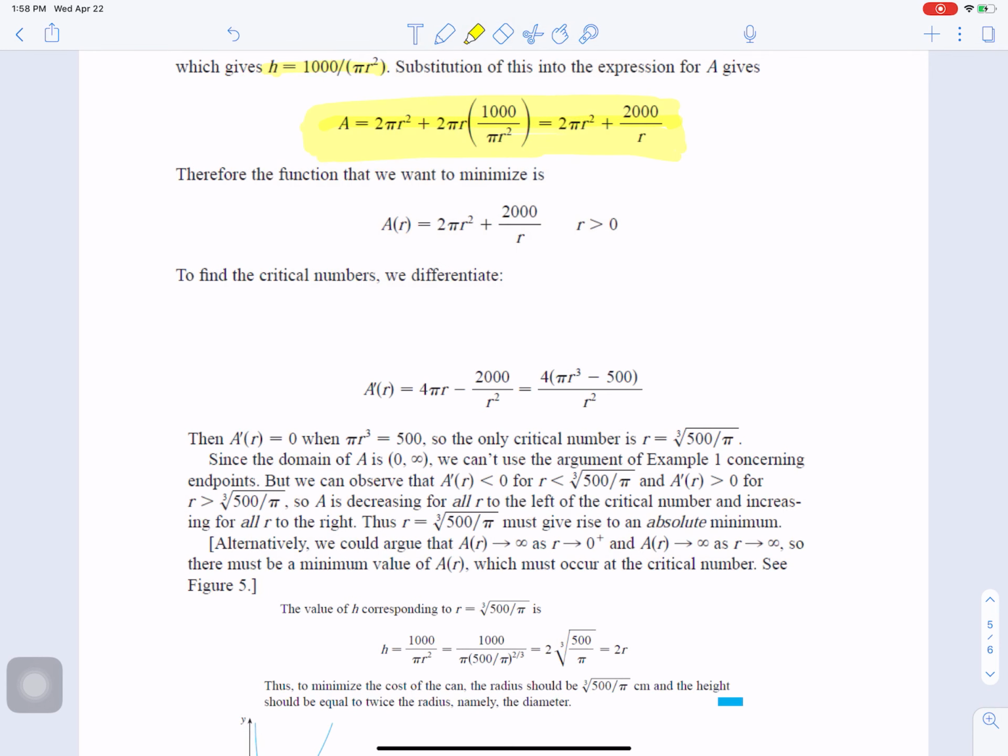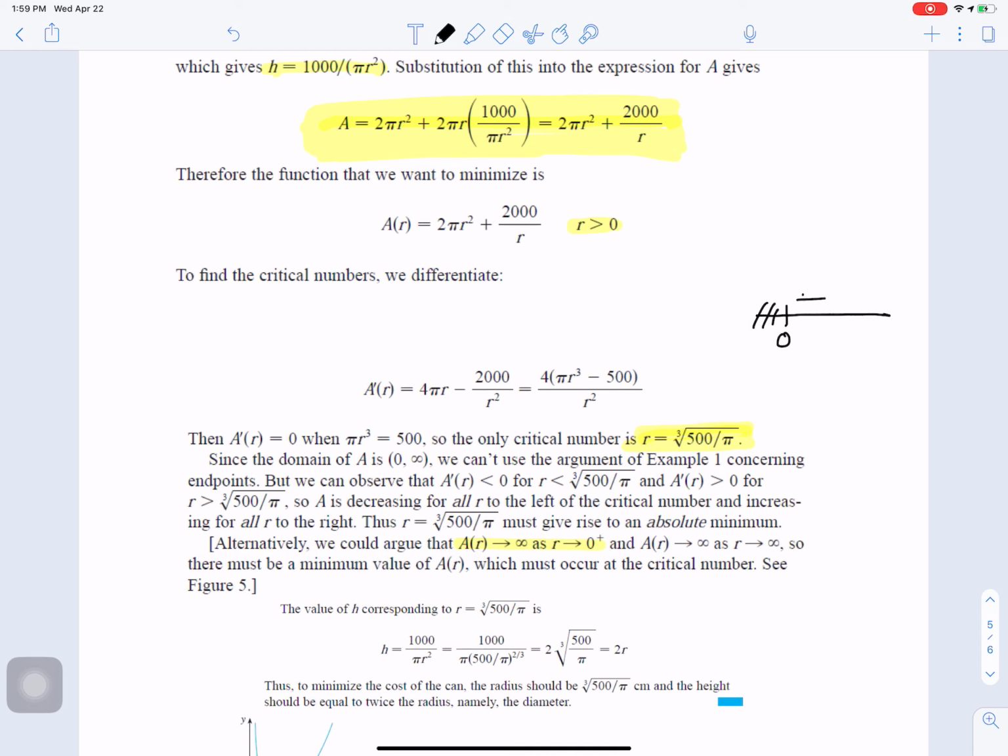They set it equal to 0, they solve that equation, and they get r is equal to the cube root of 500 over pi. Now what they do is, that's just a critical point. We weren't able to set up a closed domain, so we're not allowed to use extreme value theorem. So we need to be a little bit clever in proving how this is the absolute minimum. So we could argue that if I do the limit as r approaches 0 from the right, which is sort of what we were talking about before, my domain is 0 onwards.